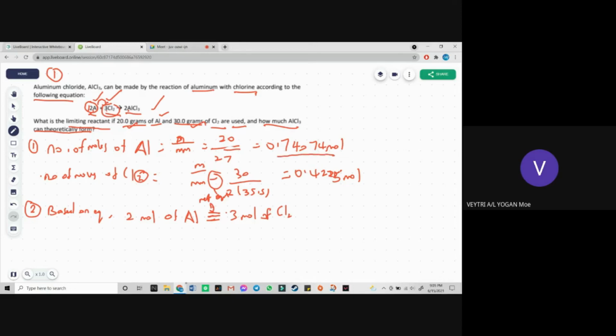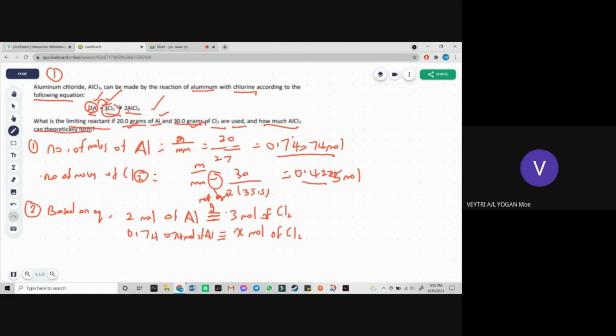You have already found the number of moles of aluminium, so write it here: 0.74074 mole of aluminium reacts with, and this is the part which is a little bit confusing, you have to write on your right X mole of chlorine. Why? The concept is that a certain number of moles reacts with another certain number of moles. You found one, and you need the other. Another way is to write X on the left and substitute 0.4225 mole on the right.